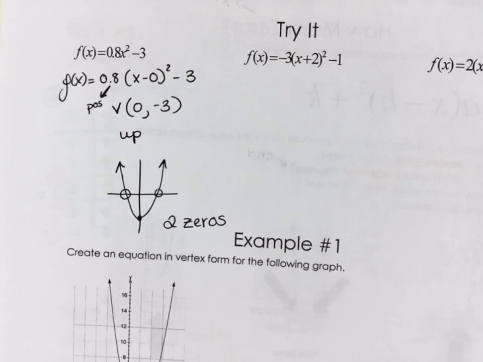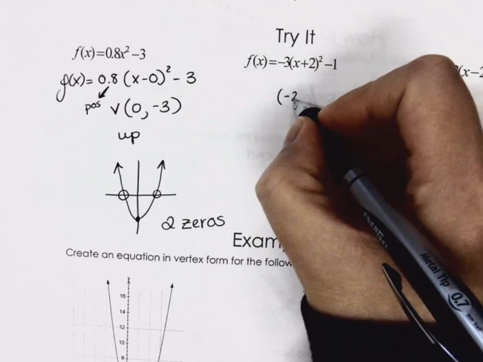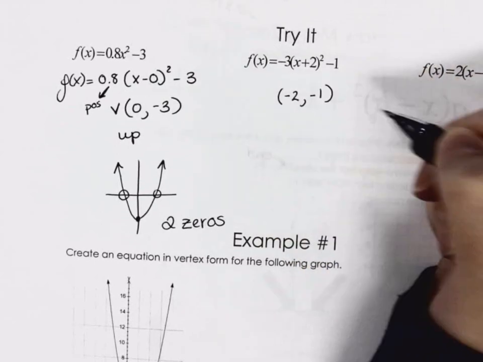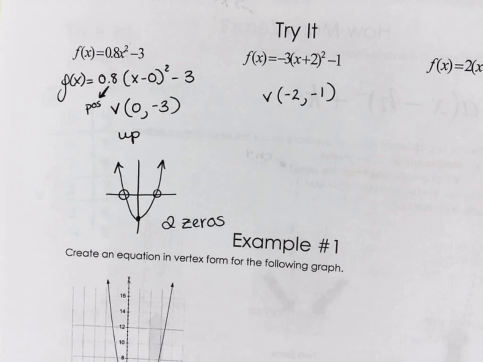Okay, so for the next one, where's my vertex? How does that make you feel? Everybody okay with that? The x always does the different thing, so if it adds 2, it's really a negative 2. Which way are we opening?